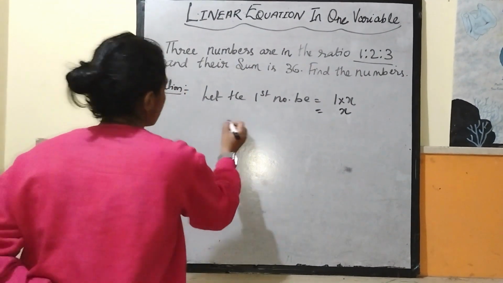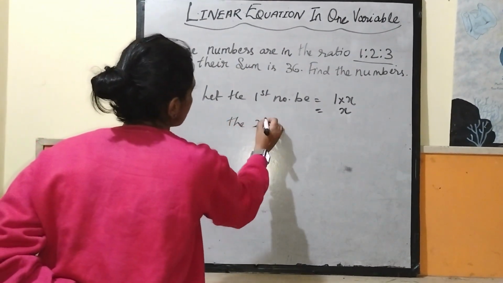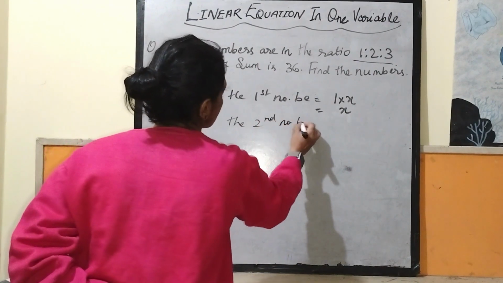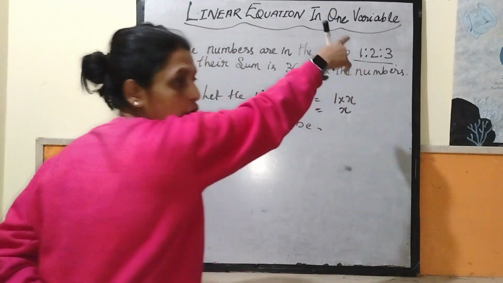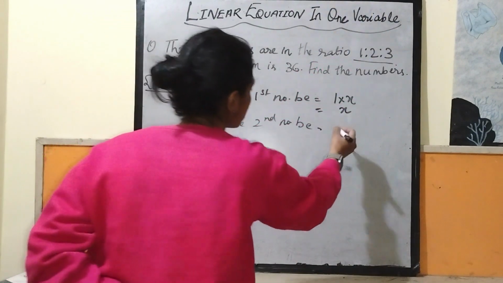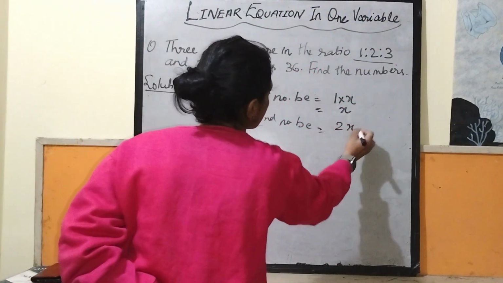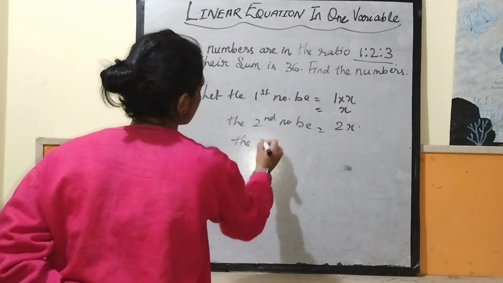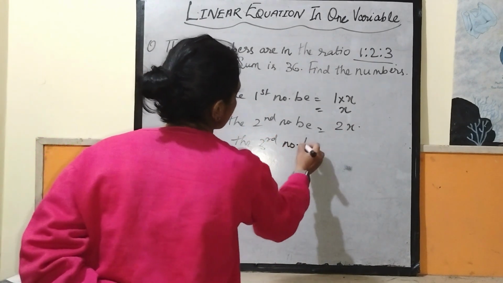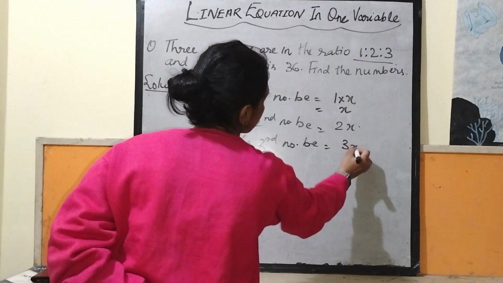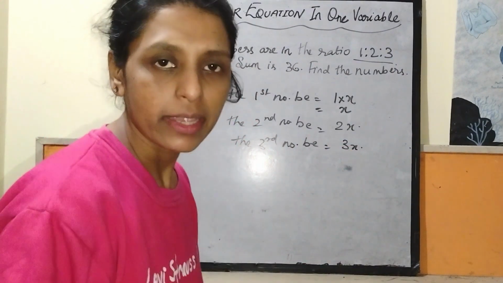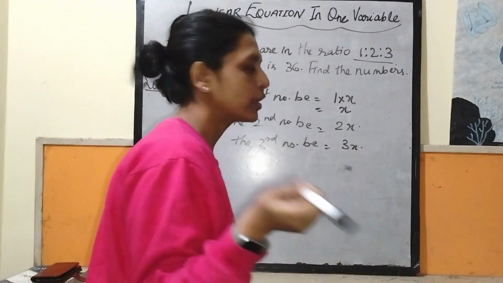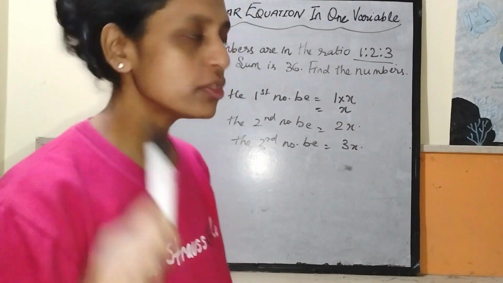The second number, as it is in the ratio 1:2:3, we will take as 2x. And the third number be 3x.